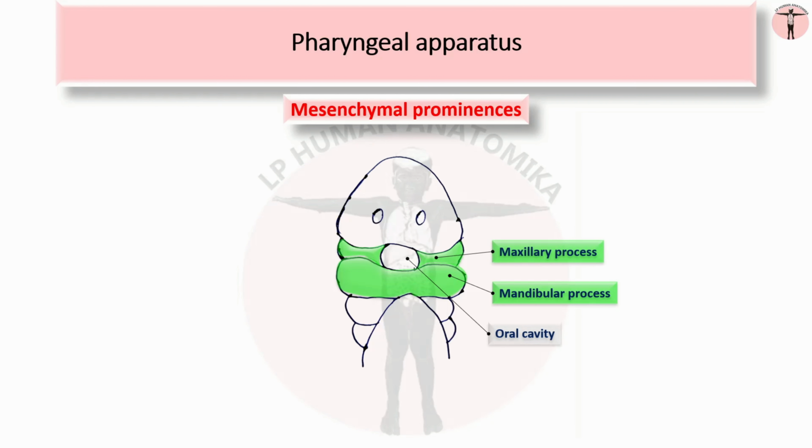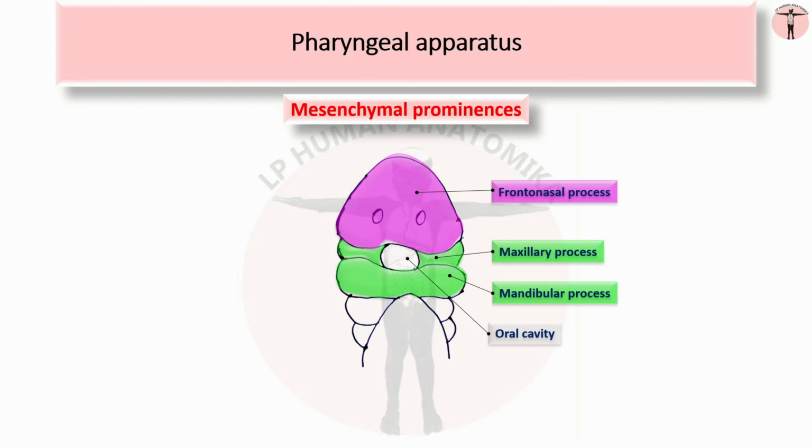The maxillary prominences, which are the dorsal portion of the first pharyngeal arch, lie lateral to the stomodeum, and the frontonasal prominence is a slightly rounded elevation cranial to the stomodeum. Development of the face is later complemented by the formation of the nasal prominences. The development of the face will be dealt with in detail in another session.